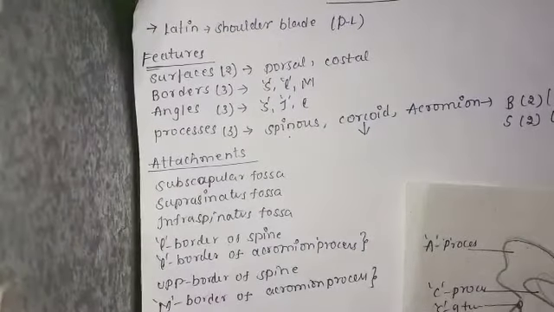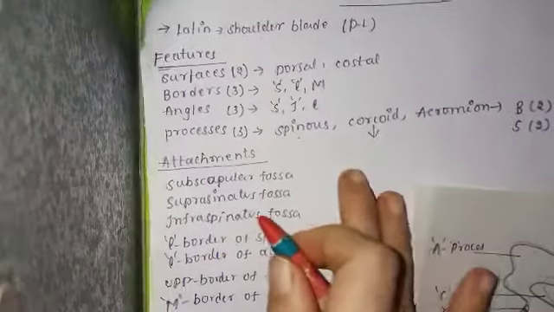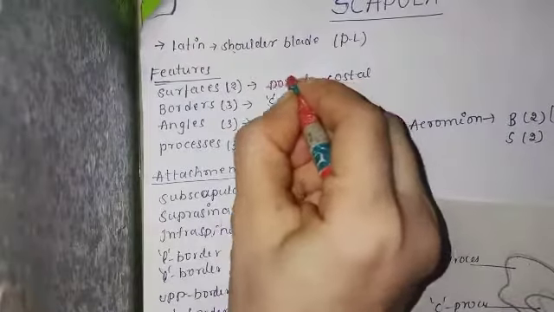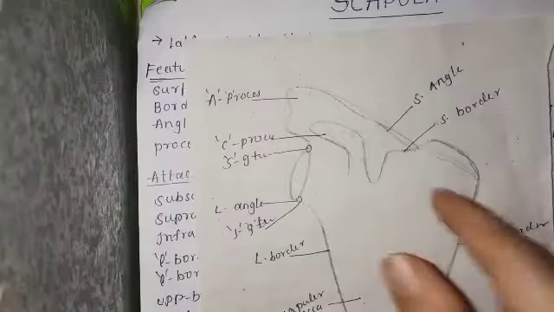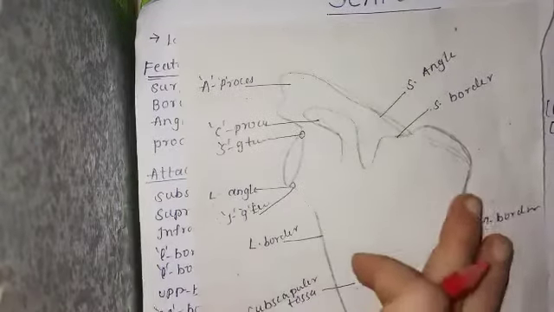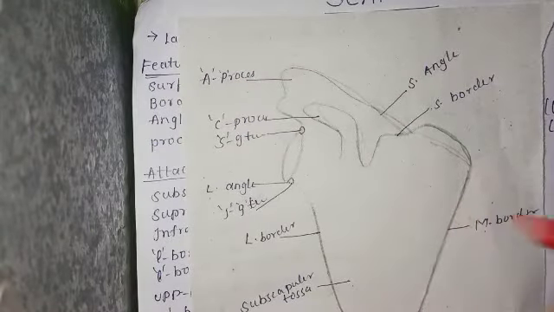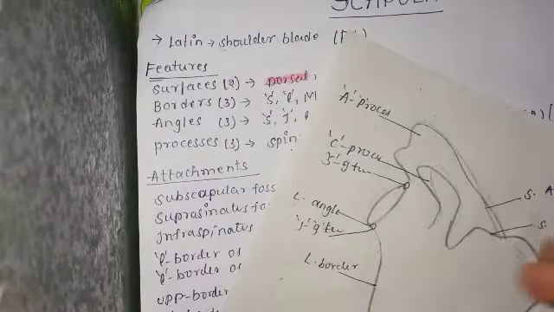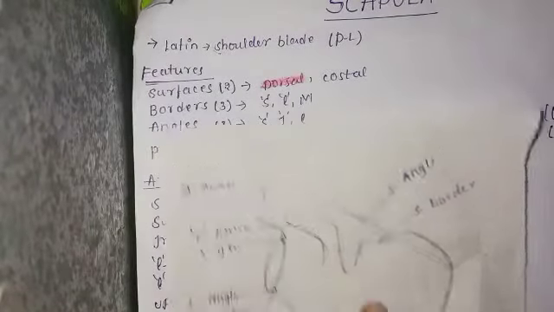Let us first discuss the attachments at the dorsal surface. This is the dorsal surface, and this is the costal surface.